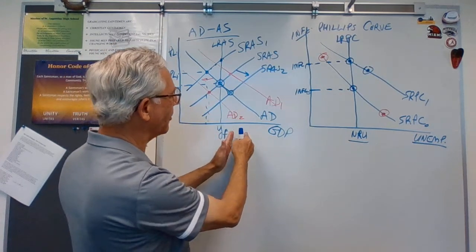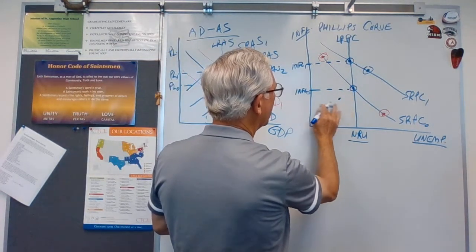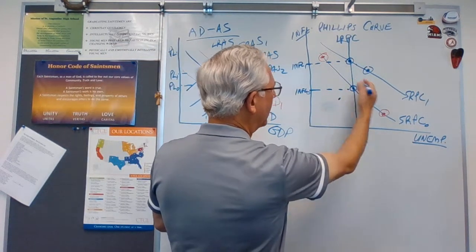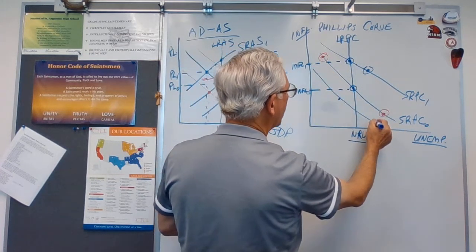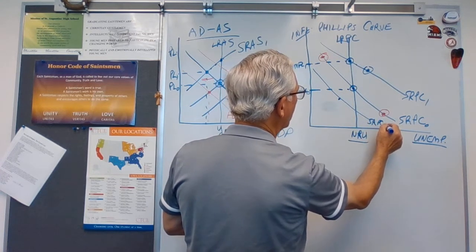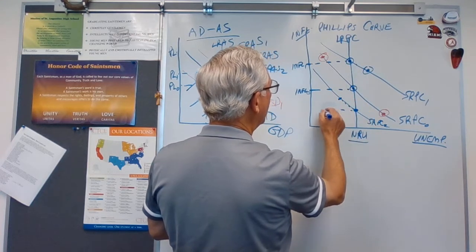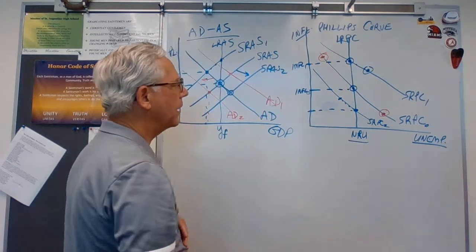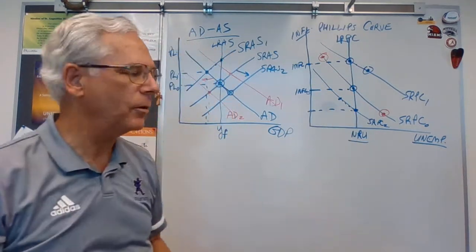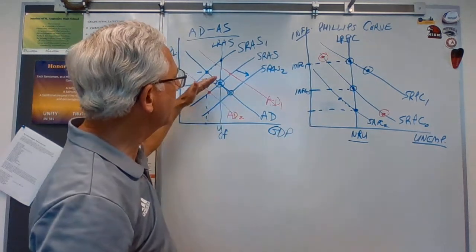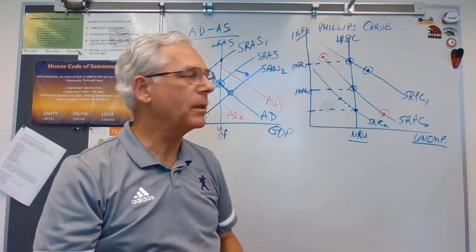Okay, when we go out here, we have low inflation, low unemployment. We wind up down here somewhere. Okay, again, we shift away from the original short-run Phillips curve to a new short-run Phillips curve, SRPC2, associated with this point, and we may eventually wind up coming down here at an expected inflation rate that is significantly lower because the short-run Phillips curve has shifted to the left when the short-run aggregate supply shifted to the right. All right, so I'm going to wrap this video up at that point.